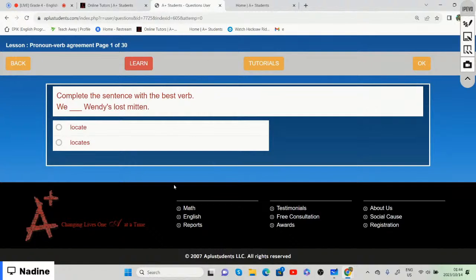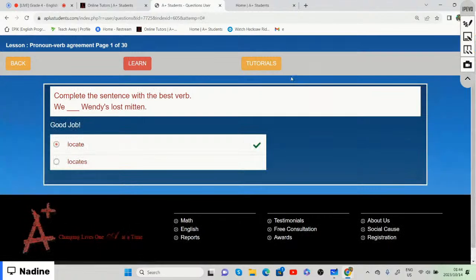So do we say we locate or we locates Wendy's lost mitten? We locate or we locates Wendy's lost mitten. All right, so we can say we locate Wendy's lost mitten. All right.